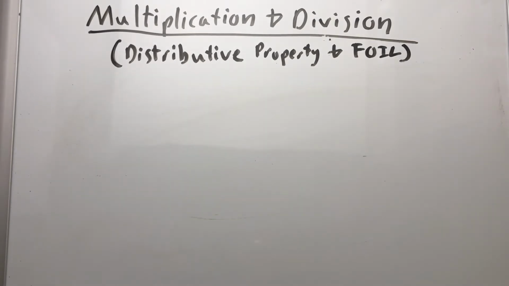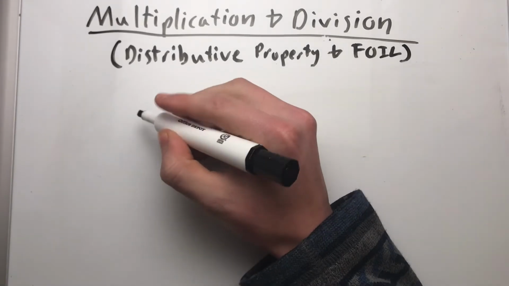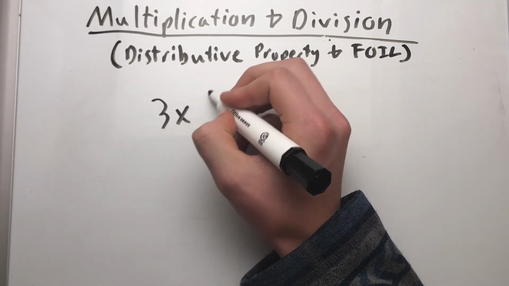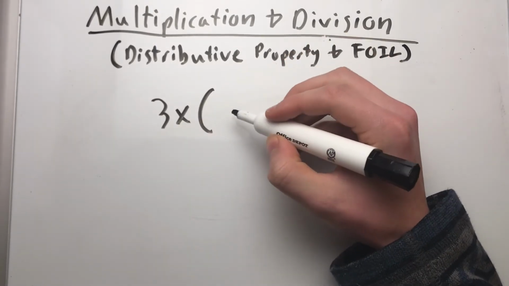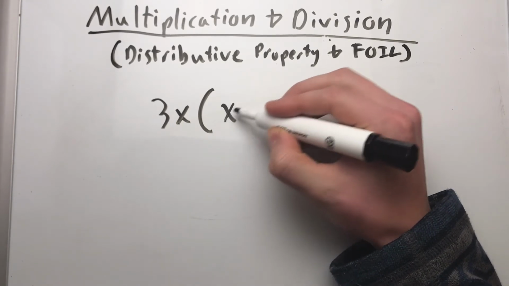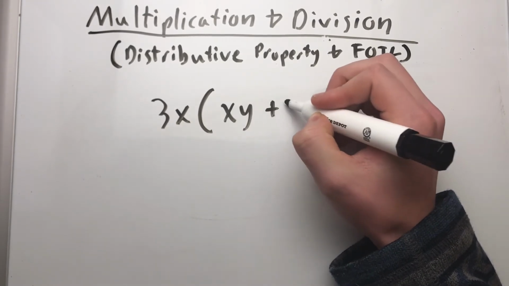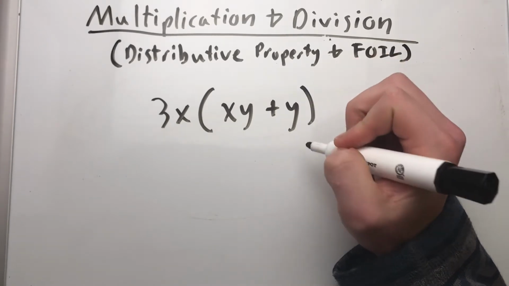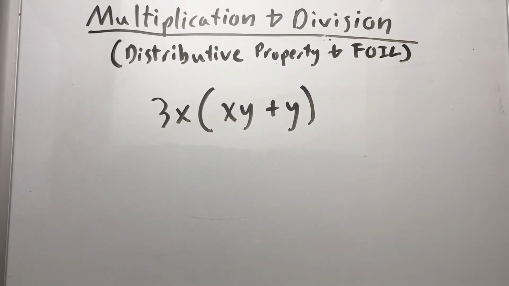What if we have a problem where our terms are made up of multiple variables, such as 3x times xy plus y? How do we resolve this?